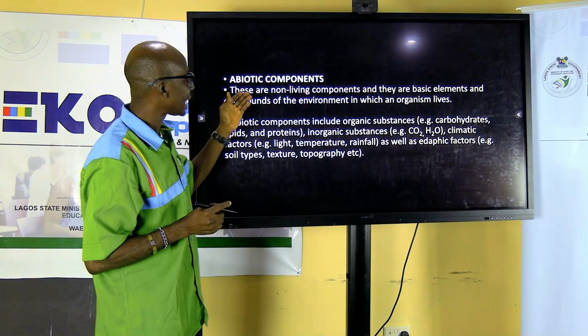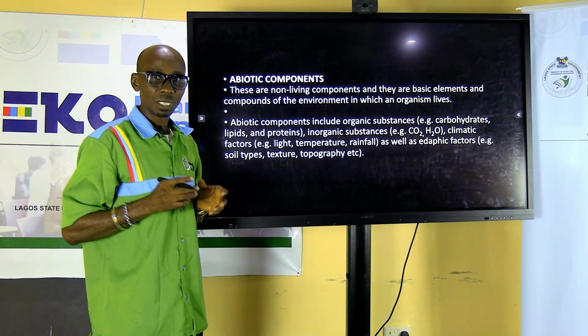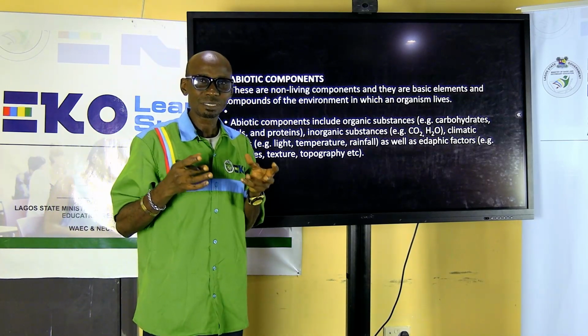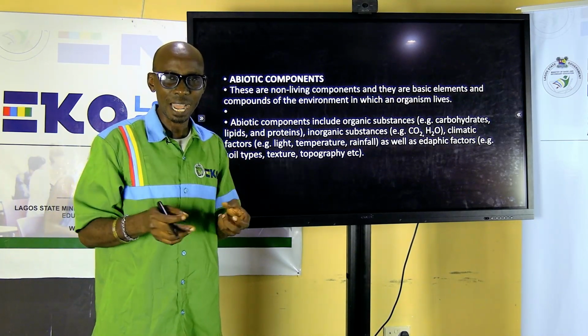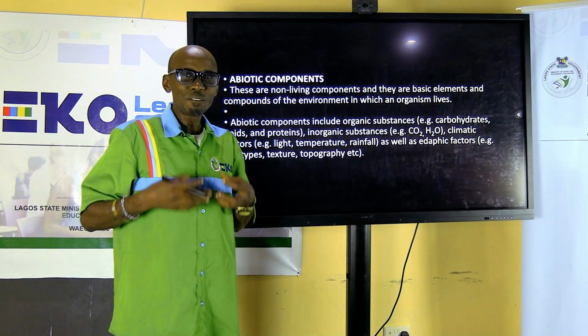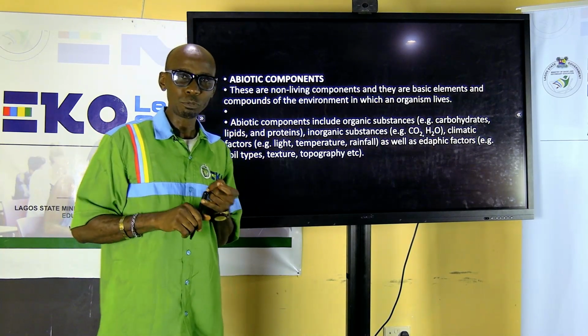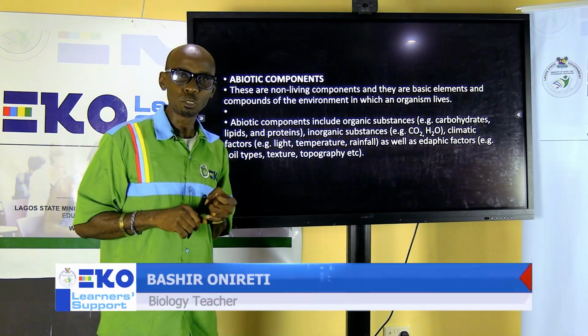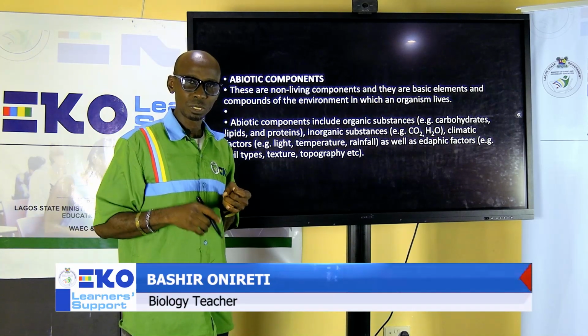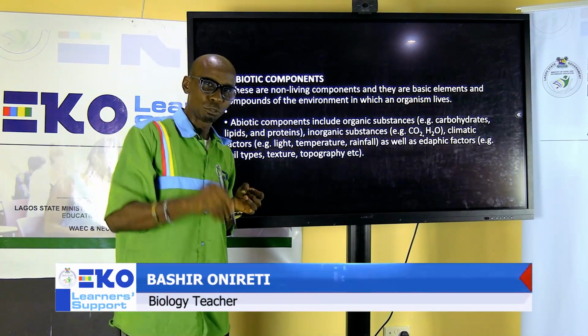The abiotic are the non-living components, the components that do not have life, but they have very important influence on our survival. For example, rainfall. If there is no rain, plants do not grow. If there is no sun, plants do not grow.